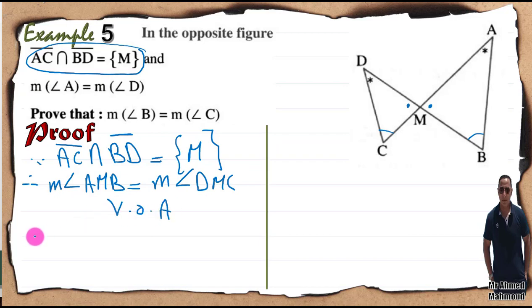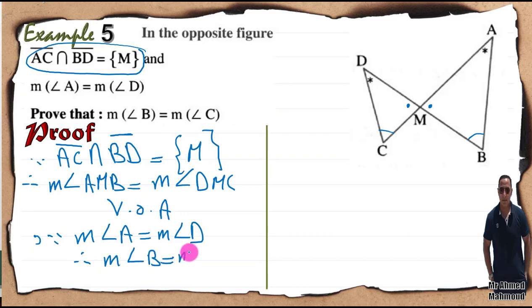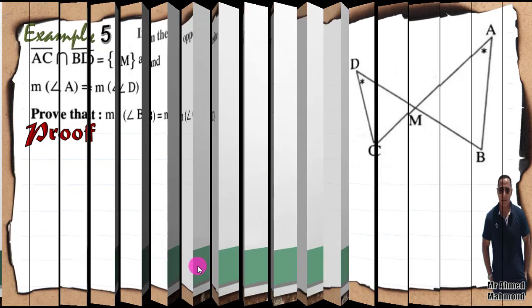Okay, and since measure of angle A equal to measure of angle D, therefore measure of angle B equal to measure of angle C. Another example.